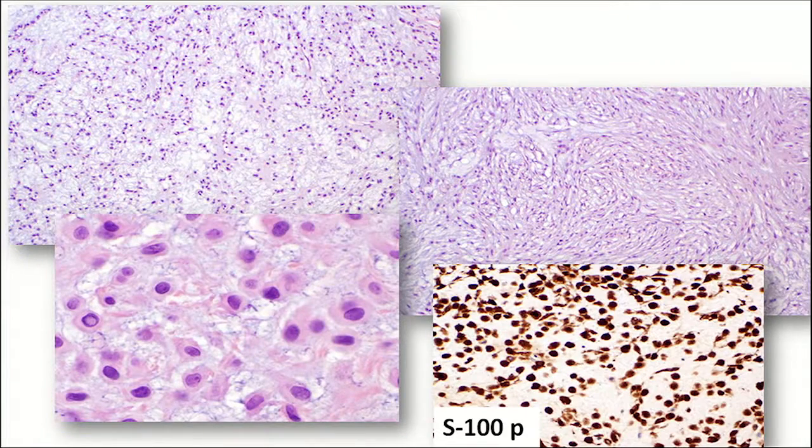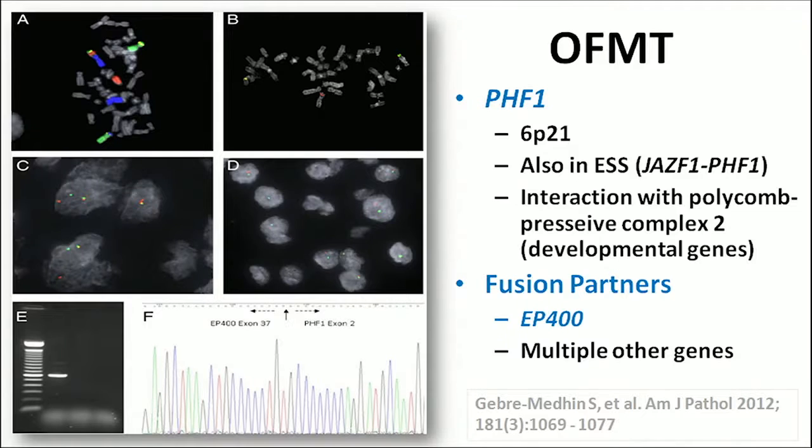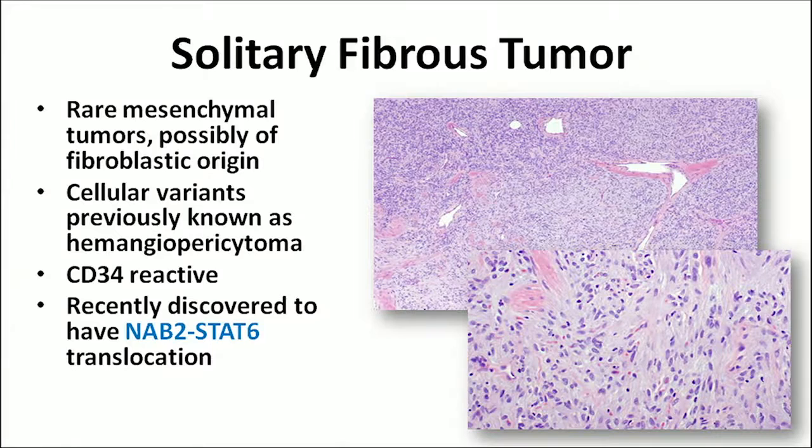They have very small nuclei in some of their forms that are S100 positive, so they can create some potential difficulty with a melanocytic tumor. These also have a translocation, and PHF1 and EP400 is the most common, but there's a variety of other fusion variants as well.